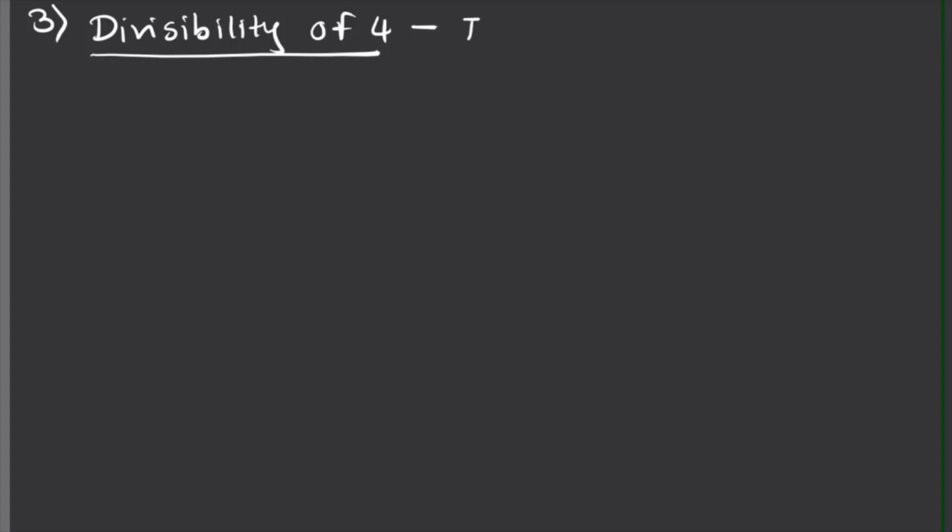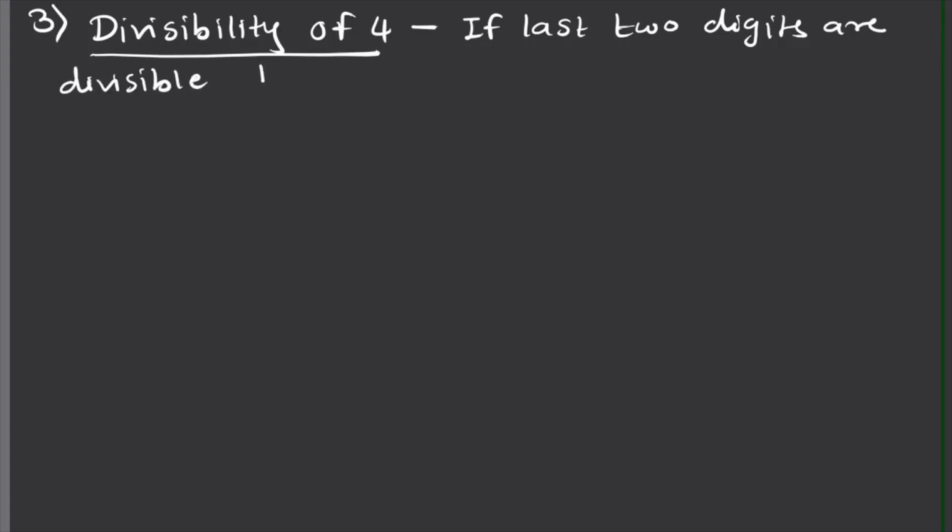Divisibility of 4. A number is divisible by 4 if its last 2 digits are divisible by 4. If the last 2 digits are divisible by 4.